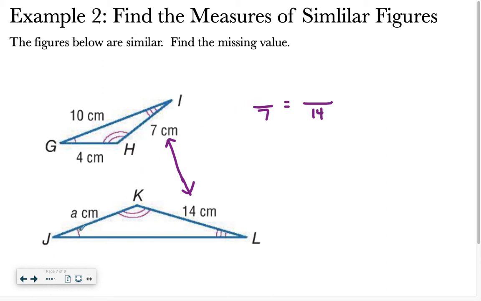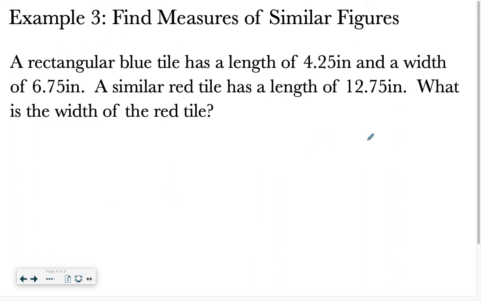And then A is between the 1 angle mark and the 2 angle mark. So that would be my 4, and that's on the same triangle as the 7. And then, sorry, I shouldn't use X, I should use A. So then I'm going to say 4 times 14 and divide that by 7, and I get 8. So A equals 8 centimeters. And then I am done with that problem.